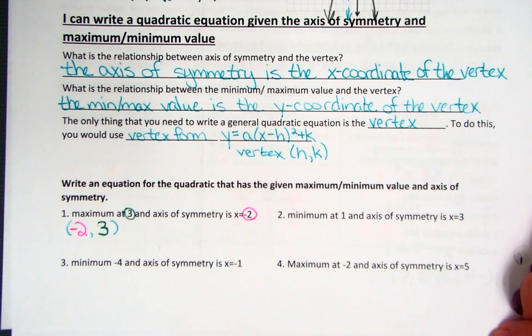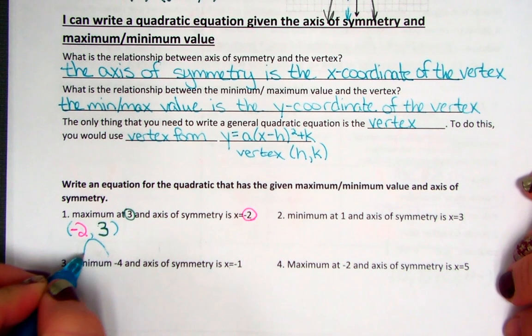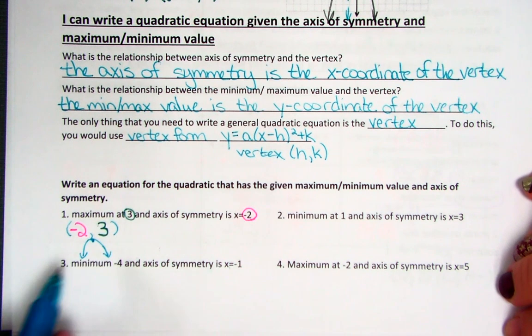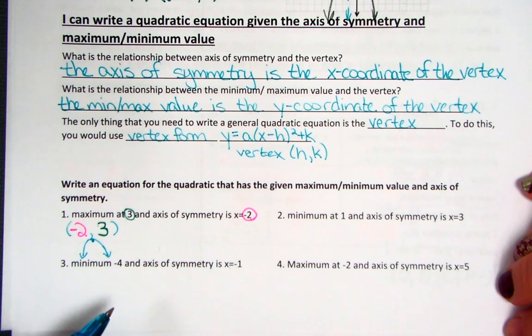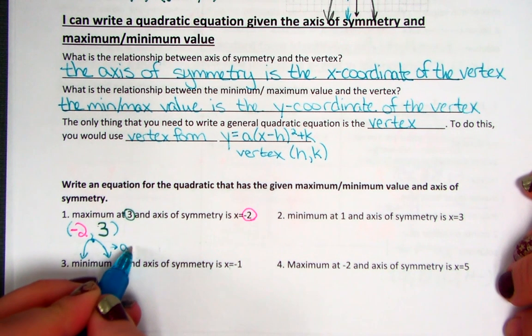And the only other bit of information given to us is that it is called a maximum for that vertex. What that tells us is that it's going to be opening down, because that's the only way to get that maximum or highest value for a parabola, which means that a has to be negative.